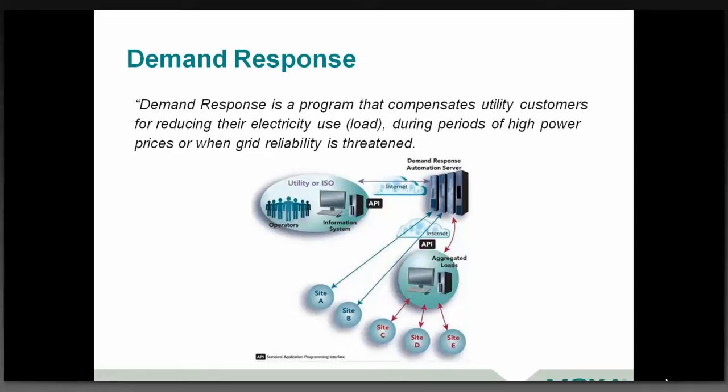The concept is for those customers that have some flexibility in their usage, being able to shed some of that load on demand, and the benefit for those customers is incentives. Those incentives come in a lot of ways, maybe a cash incentive, maybe other types of incentives, and this really varies from utility to utility.